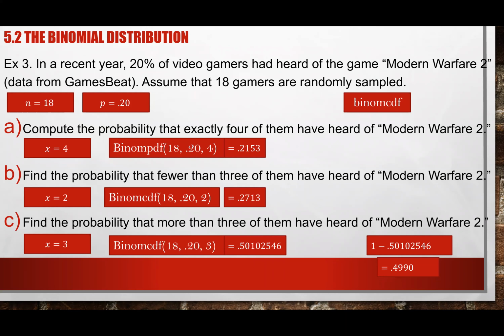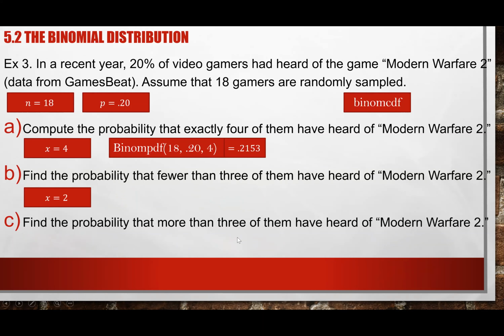Okay. So again, the idea of C, the hardest thing in 5.2 is to recognize which side of the item we are trying to calculate. Looking at this, like I mentioned, your calculator can only calculate the left-hand side.